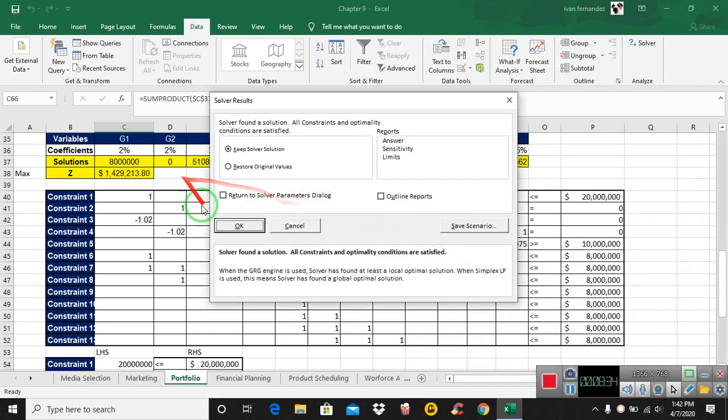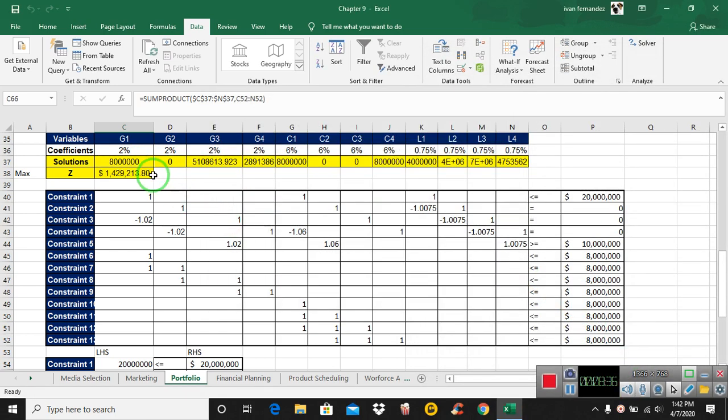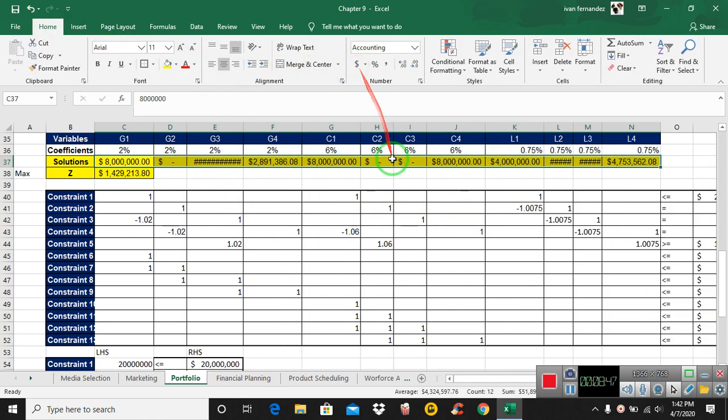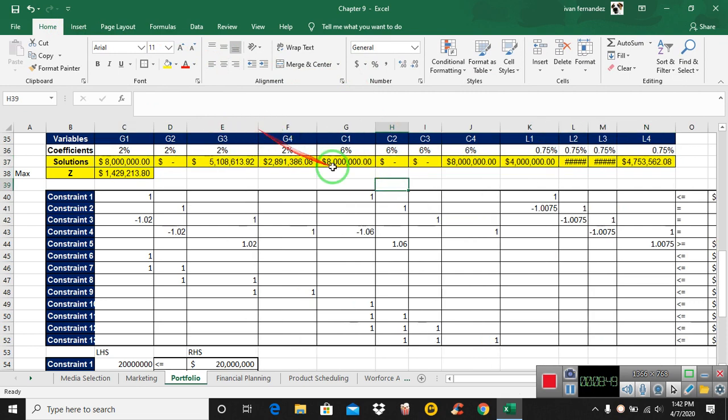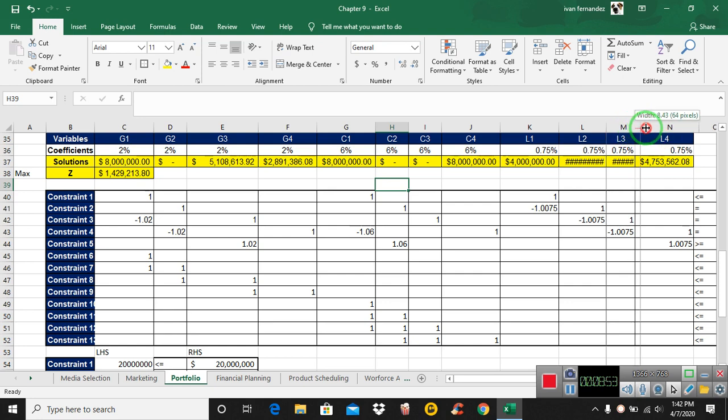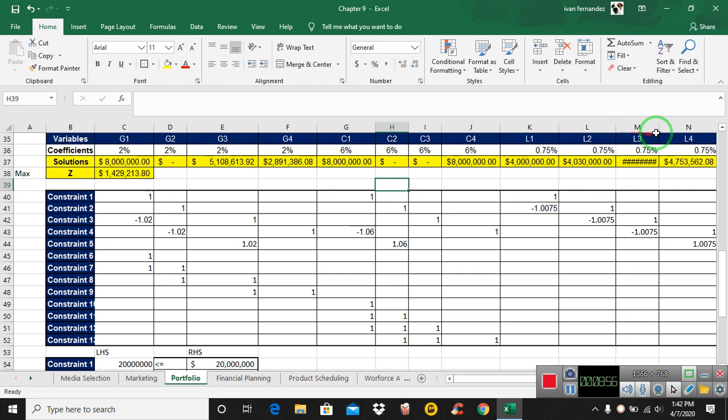Solve. There you go. So that is your answer. So what this is telling us is how much you have to invest out of the 20 million. How much you're going to invest in each of the bonds, in each of the different investments, in each month, to gain a total return of $1.4 million.